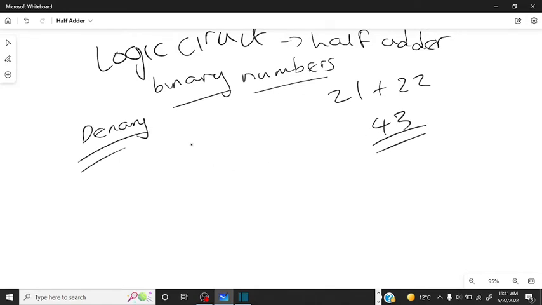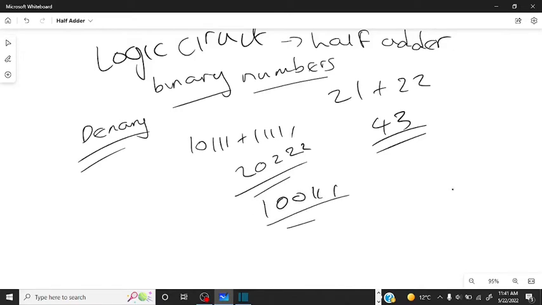When you add binary numbers like 10111 plus 1111, the result shouldn't come out something like 20222. The result needs to come out as a binary number, something like 100111. That's the core principle of how binary numbers are added.